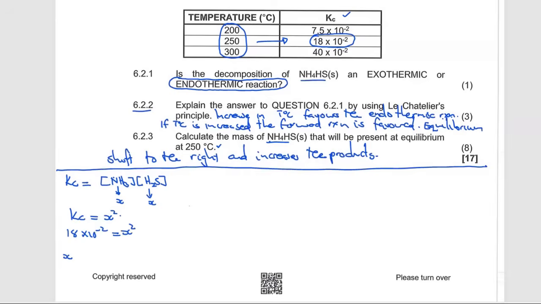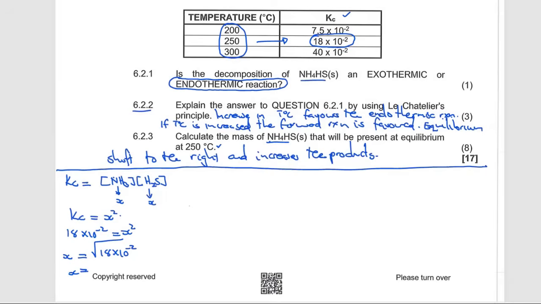Therefore, I'm going to make X the subject of the formula, which is the square root of 18 times 10 exponent negative 2.